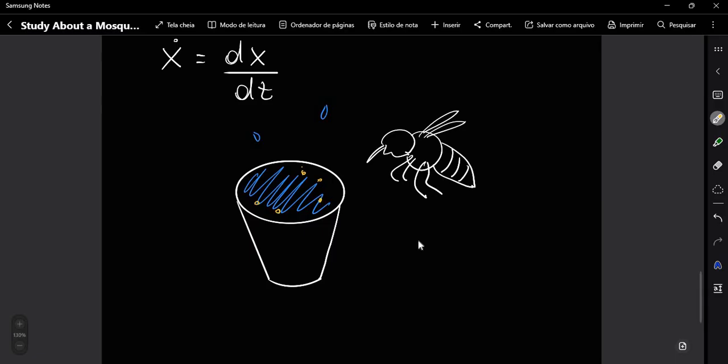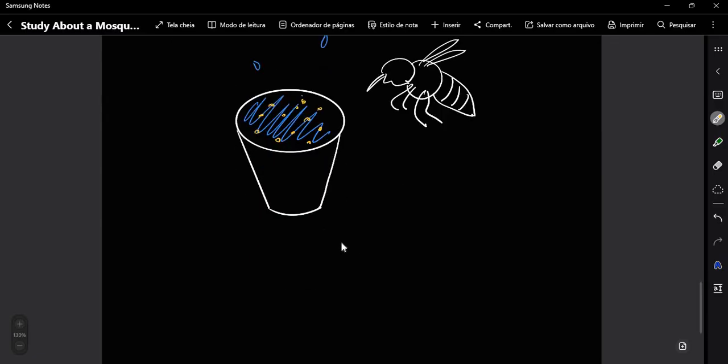And this mosquito can deposit up to 100, 200 eggs, or even 400 a day. So eggs and larvae and pups.